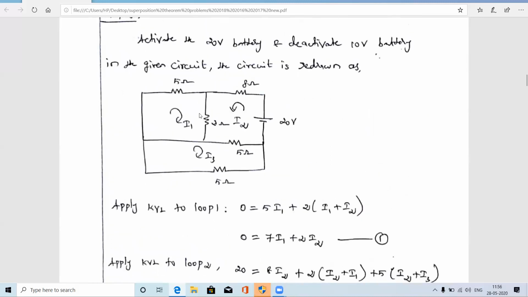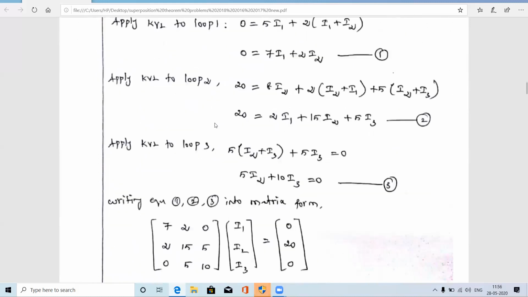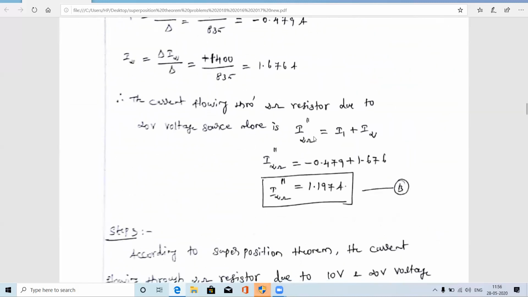According to the circuit, it is the addition of I1 and I2. You just add I1 and I2, and this answer you consider as I double dash, the current flowing through the 2 ohm resistor due to the 20 volt voltage source alone. This is equation number B.